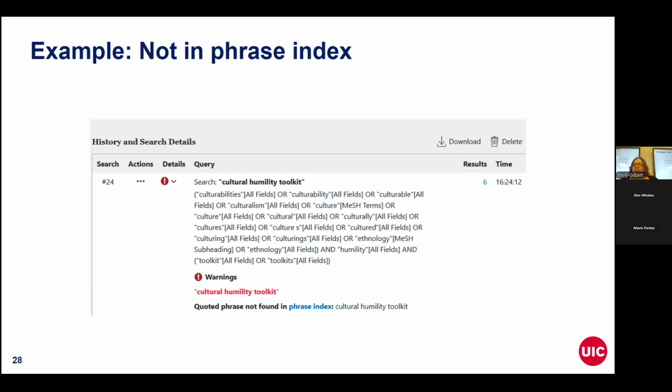So that was one that it had not recognized as a phrase. It's not in the phrase index. So I couldn't search with it, which is okay, but you just need to know what it's doing so it isn't hijacking your search and bringing in a bunch of other terms because you're not using anything to stop the automatic term mapping.